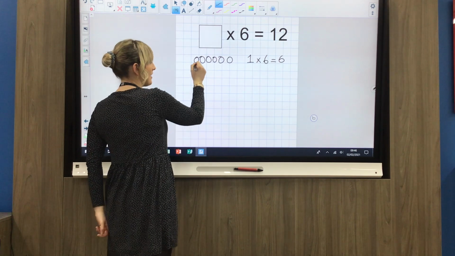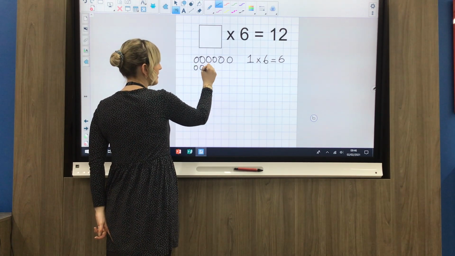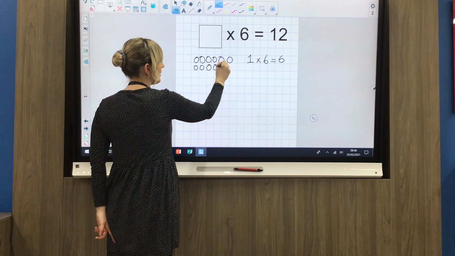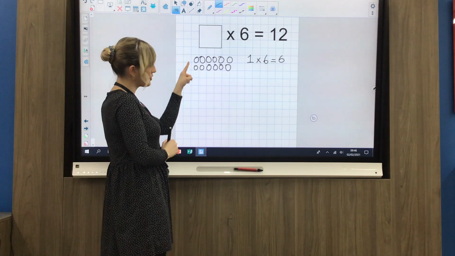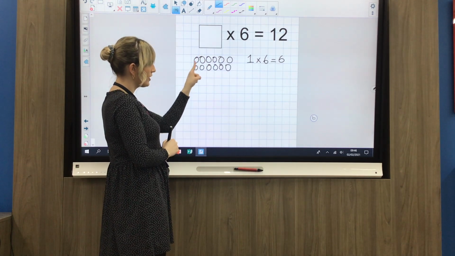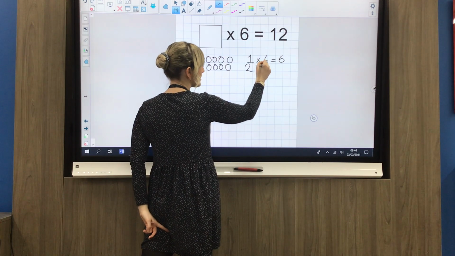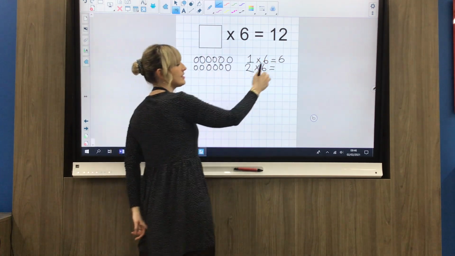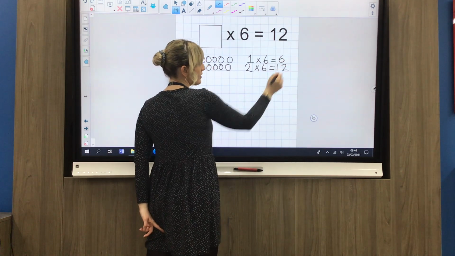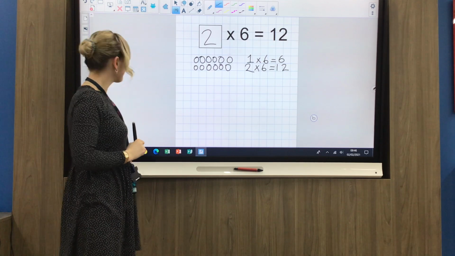Okay, and then I'll count on 6 more, so 7, 8, 9, 10, 11, 12, and I'm making sure I draw one circle underneath each one, so I know it's 6 again. So I know that 2 times 6 equals, and all together I've just counted 12. So my missing number would be 2.